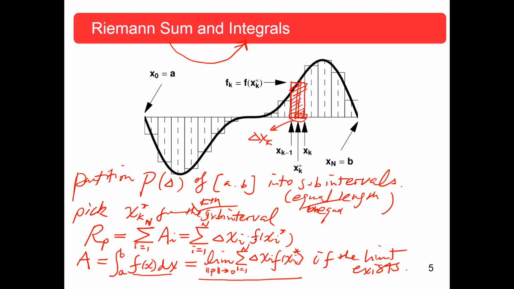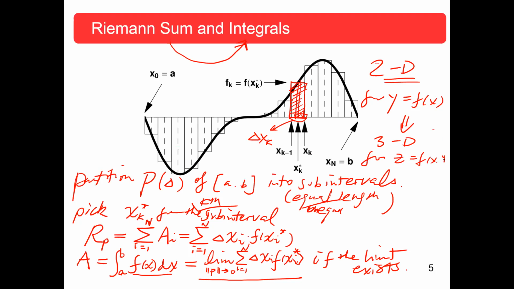Recall this, folks? Okay, so this is two-dimensional, 2D for y equals f of x. If there's only one single variable, the corresponding Riemann sum will just look like that. And the same idea could be extended to 3D, for z equals f of x, y.